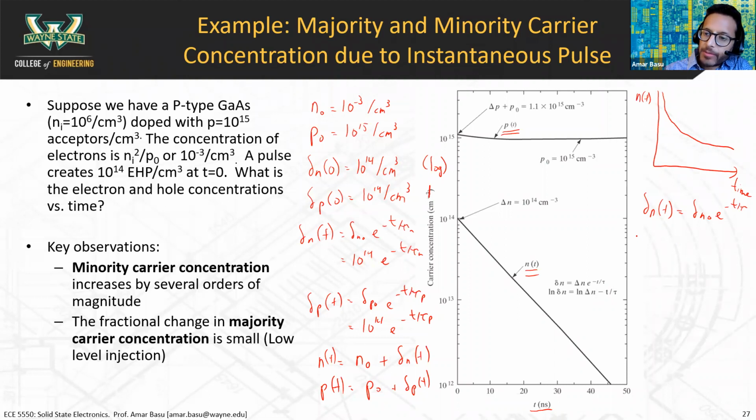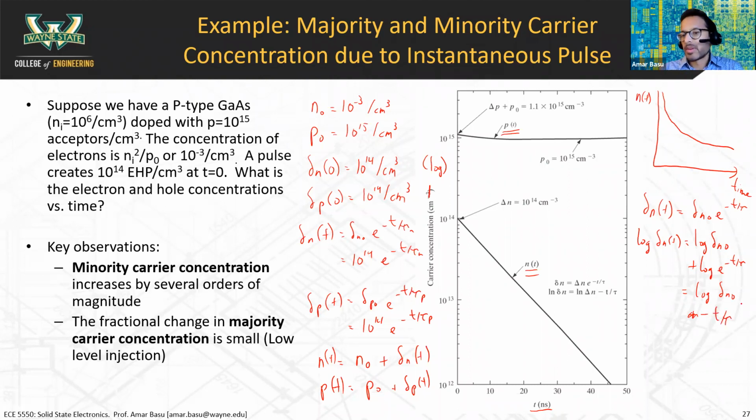If we take the log of it, then we get the log of sigma n0 plus the log of e to the negative t over tau. The log of an exponential just gives you whatever's in the exponential, so you end up getting negative t over tau.